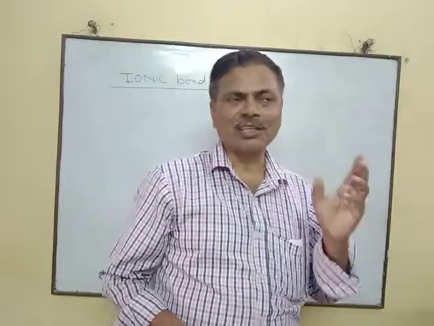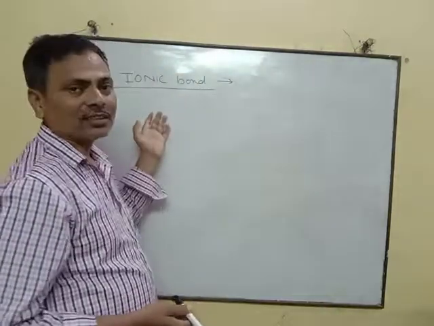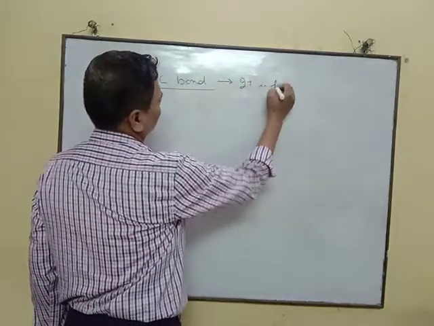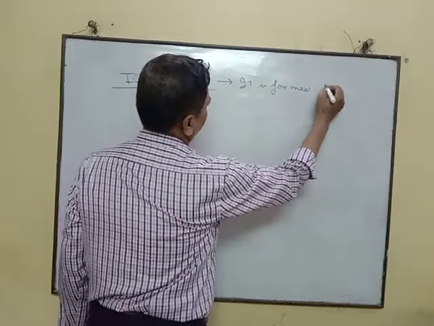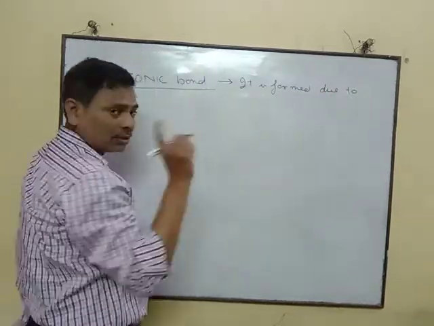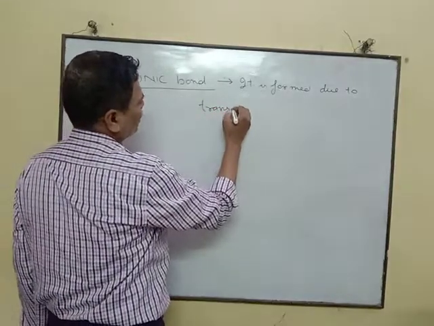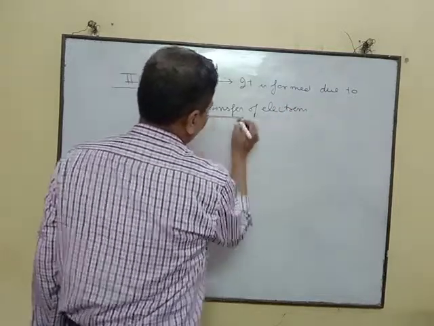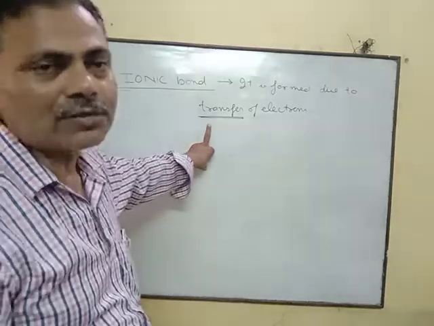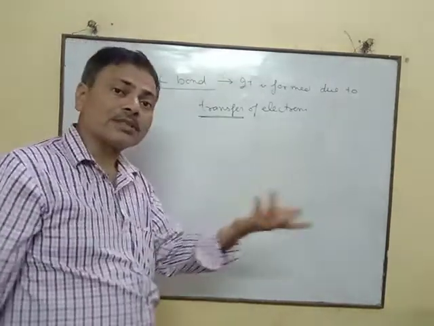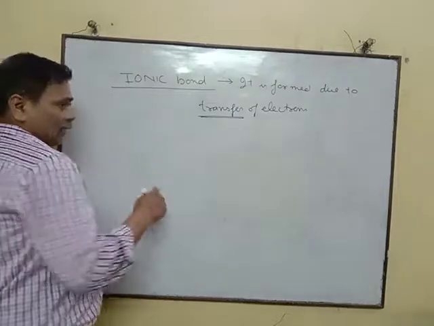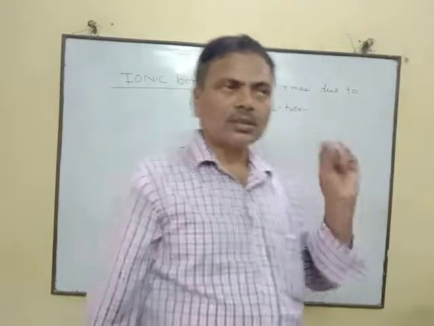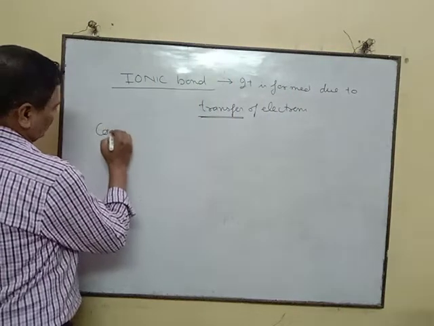What are the conditions for ionic bonding? Between which atoms does it form, and why? Important point to remember: it is formed due to transfer of electrons. Underline this. One atom will donate the electron and another atom will gain the electron.